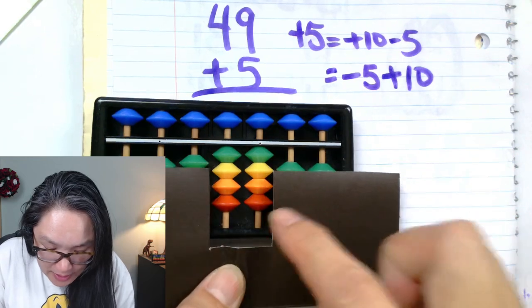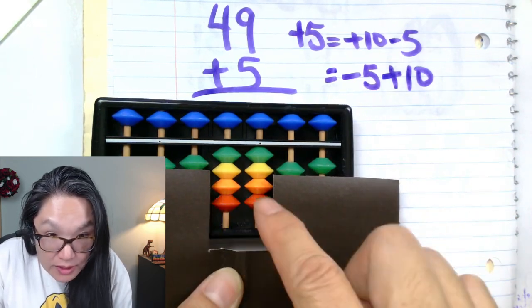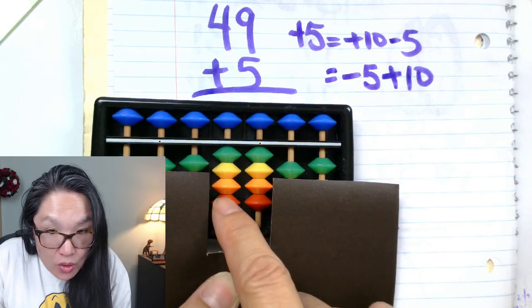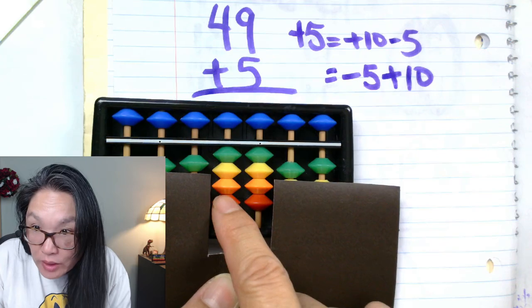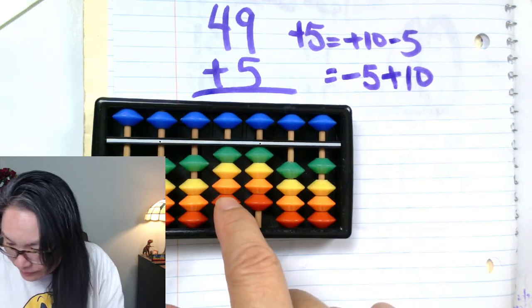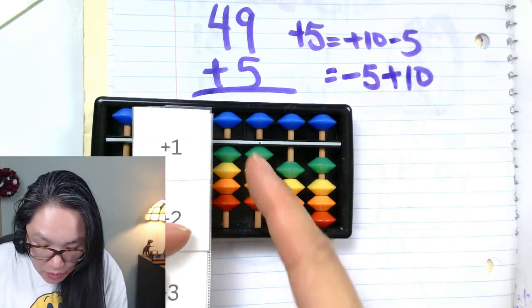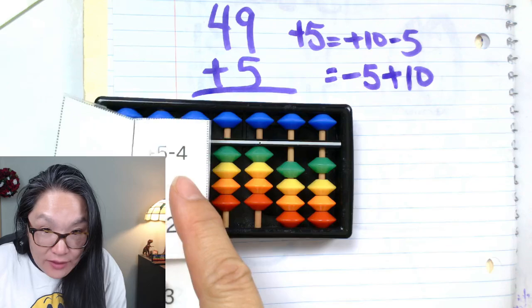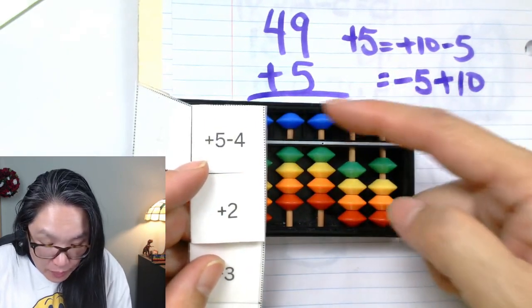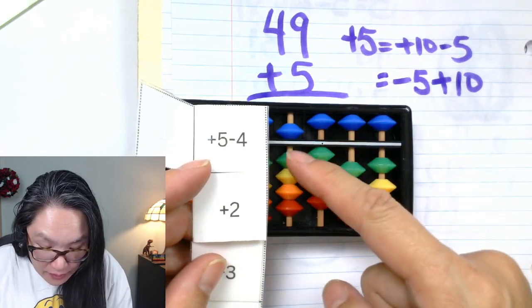Notice the 10 is a 0 and a 1. When do we have enough beads to add the 1? No, we don't. What can we do? To add the 1, we know that we're going to plus the 5 minus the 4. We're going to plus the 5 and take away the 4.